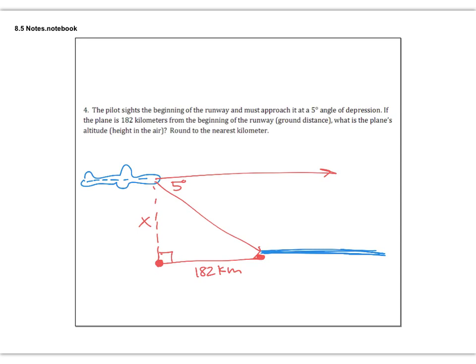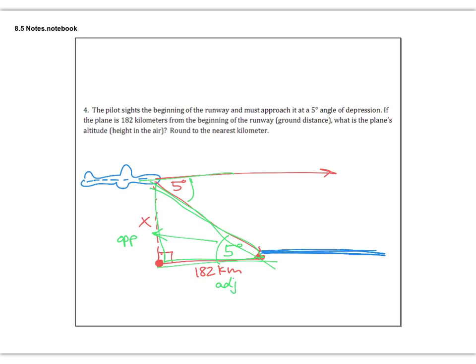Again, I like to use alternate interior angles. If this is 5 degrees up there, this is also 5 degrees down here. These two are alternate interior between these two horizontal lines and that transversal. So we're going to use this bottom triangle here, and we're going to solve for x. This side is opposite of the 5 degrees. That's the side we're trying to find. This side is adjacent.